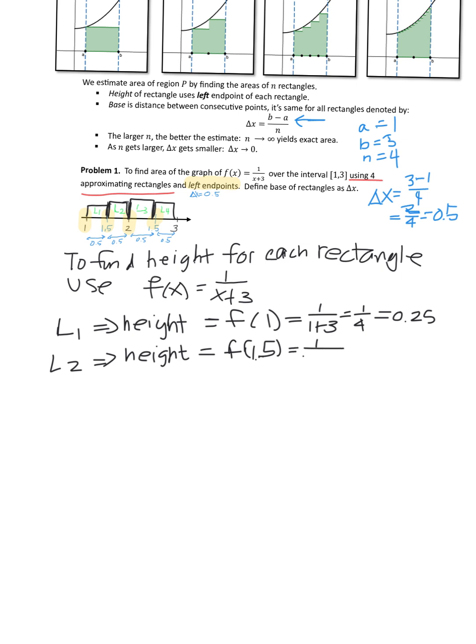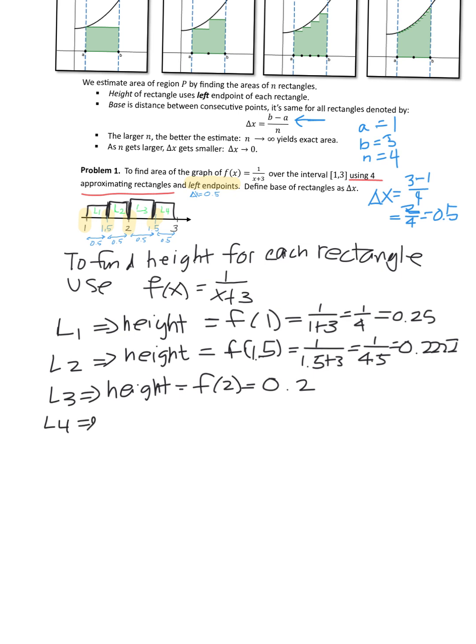This will yield 1 over 1.5 plus 3, which is 1 over 4.5, and entering this into our calculators, we will have 0.2222. For L3, its height is equal to f of 2, and following the same process, using our calculators, we get 0.2.